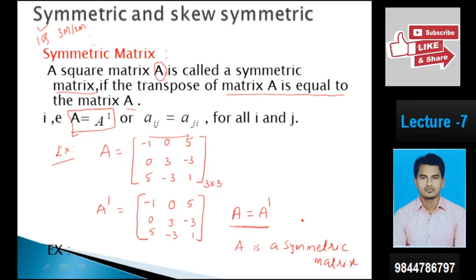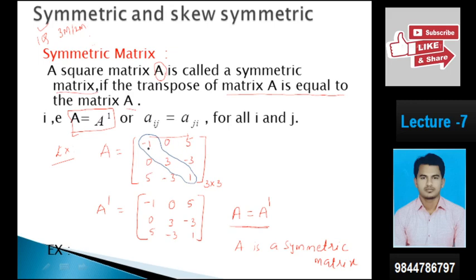Or else, if you find it difficult to find the symmetric, there is a shortcut method. These elements we can call principal diagonal elements, isn't it? The elements above the principal diagonal overlap onto the elements below the principal diagonal.